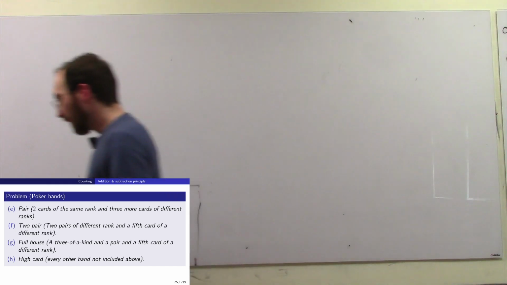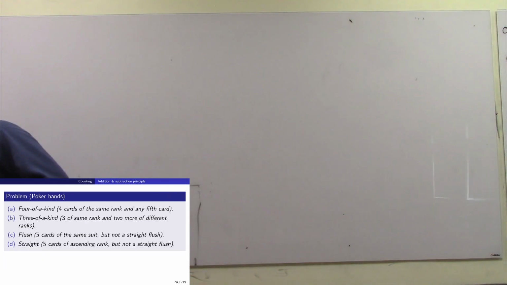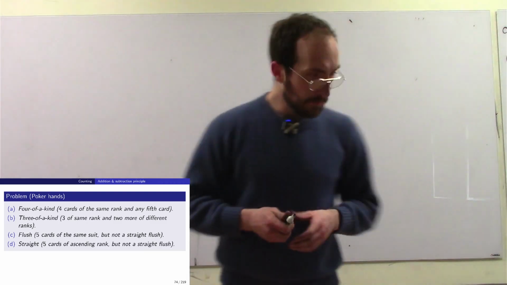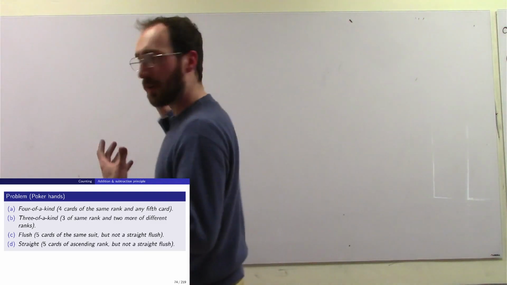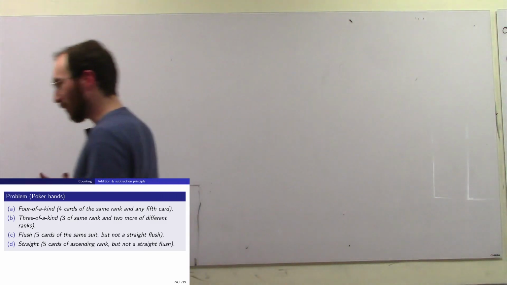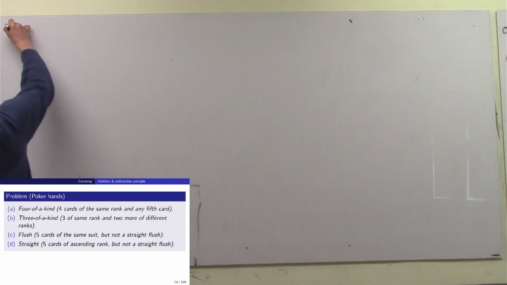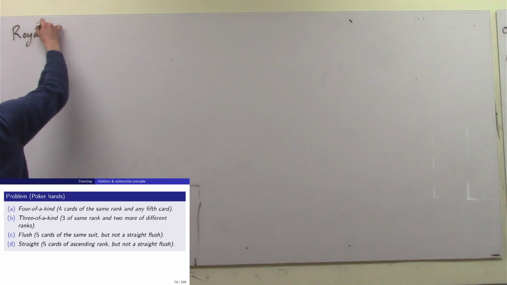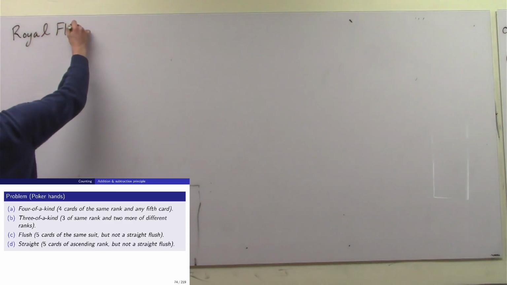I'm not sure the order that I have written here is the way I'm going to go about this. I sort of flip-flopped about how I want to do this. So I'm just going to write down the actual sort of hand that I'm working with at any point rather than the letters. We're going to start from the top.